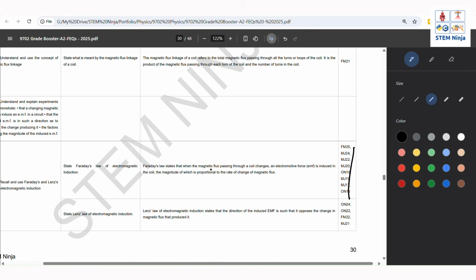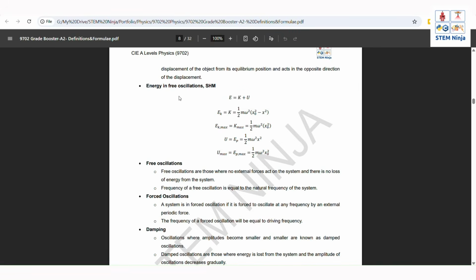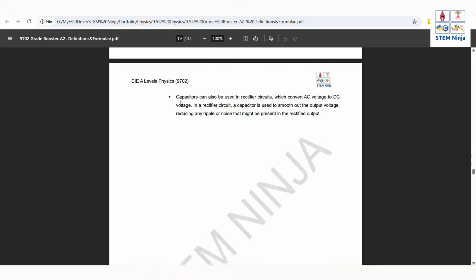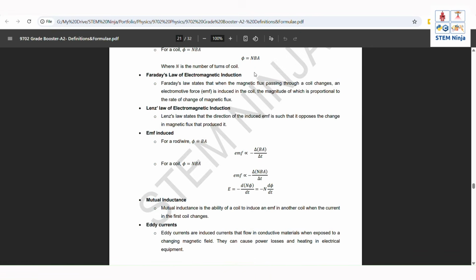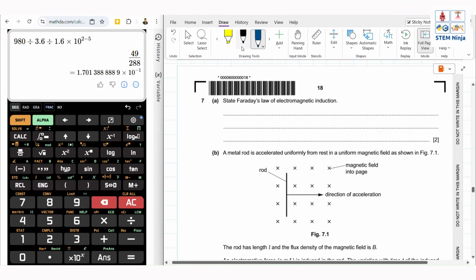It states that when magnetic flux passing through a coil changes, electromotive force is induced in the coil, the magnitude of which is proportional to the rate of change of magnetic flux. So that is all we have to do.